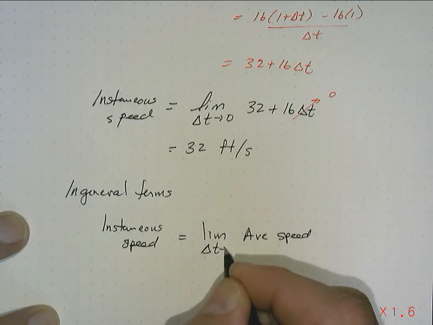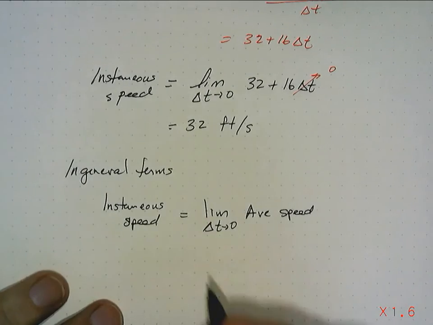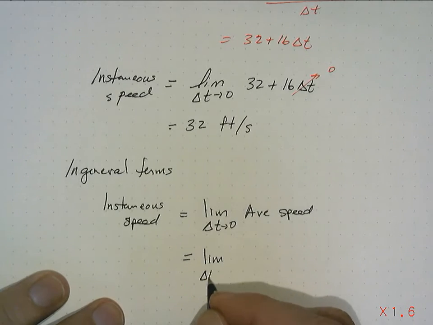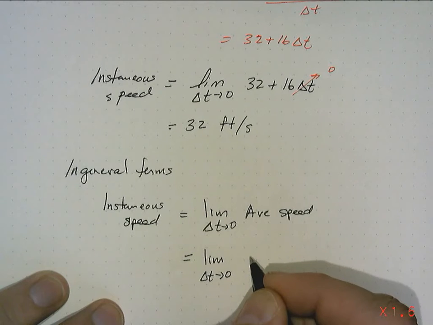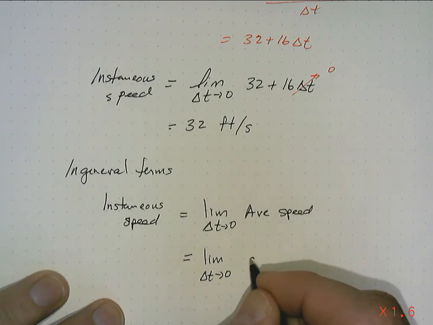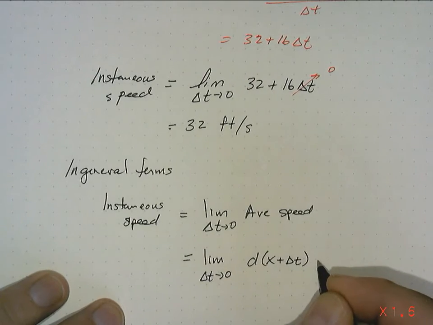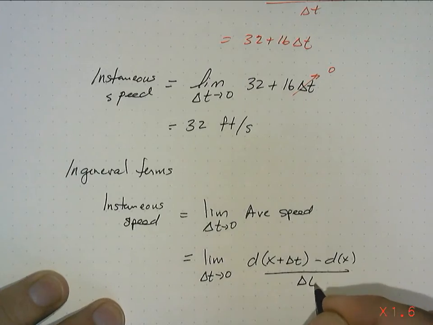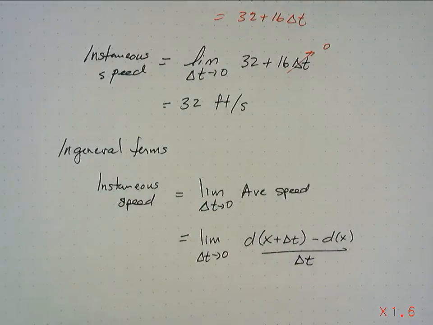And what that means is the instantaneous speed will be defined as the limit as delta t approaches 0 of, in this case, well, why don't we just do this? And this way it is done in general for any function. And there you go. And that is instantaneous speed.